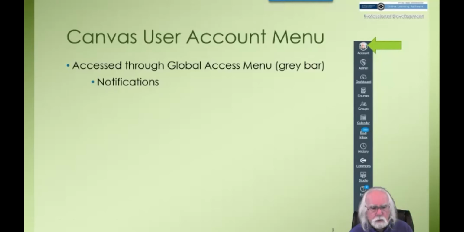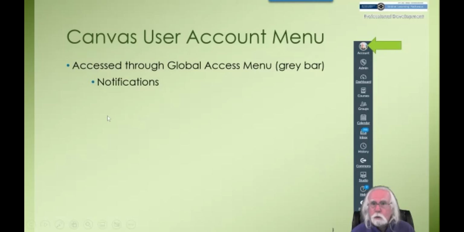For instance, I can control my notifications from Canvas. Canvas will, without direct immediate involvement on your part, notify you about various things that go on in Canvas, especially in your Canvas courses.